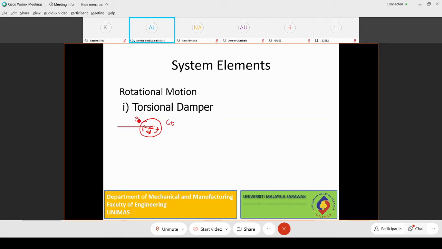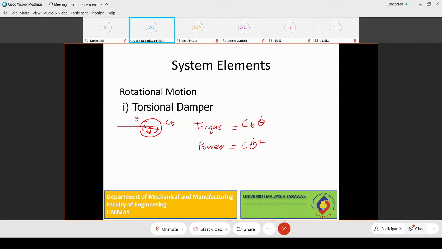Theta here is the displacement value for the system itself. So the torque governed by this damper would be CT theta dot. The work done or the power dissipated by this damper would be equal to C theta dot squared.